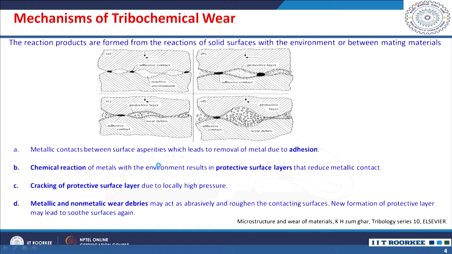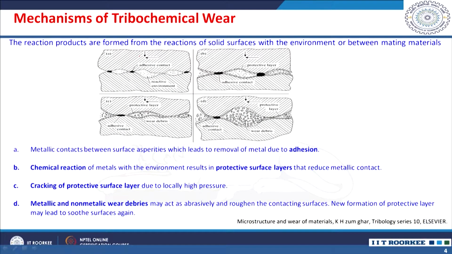As I told, the material removal is a synergetic effect of the rubbing action as well as the chemistry or the chemical reaction products. The reaction products are formed from the reactions of solid surfaces with the environment or between the mating materials. For example, you see here for a metallic material system, the metallic contacts between the surface asperities. You can see there are contacts with the surface asperities that lead to material removal mainly because of the adhesion, right.